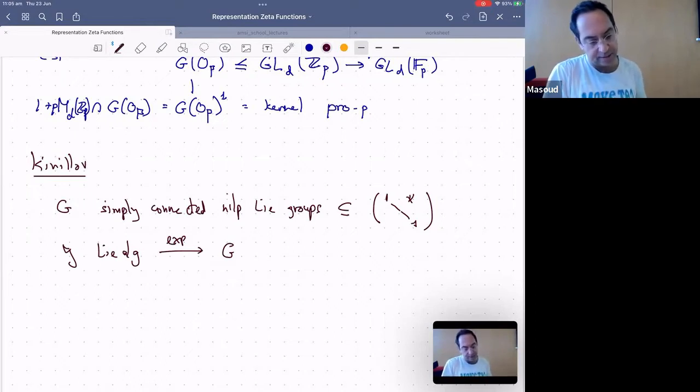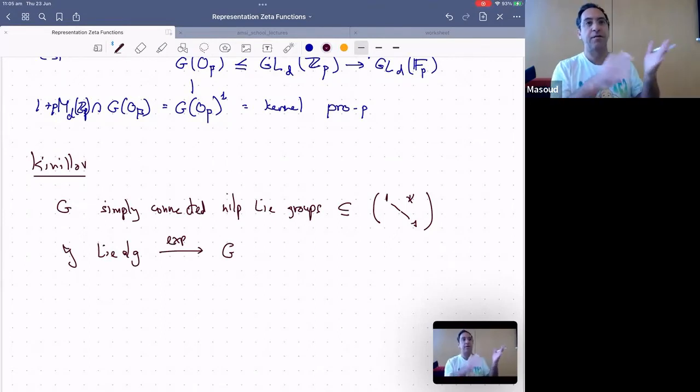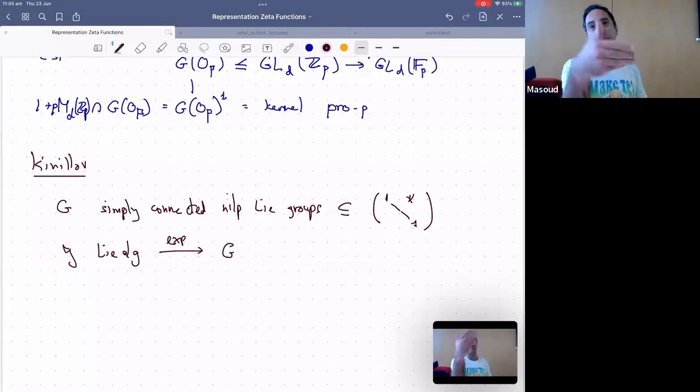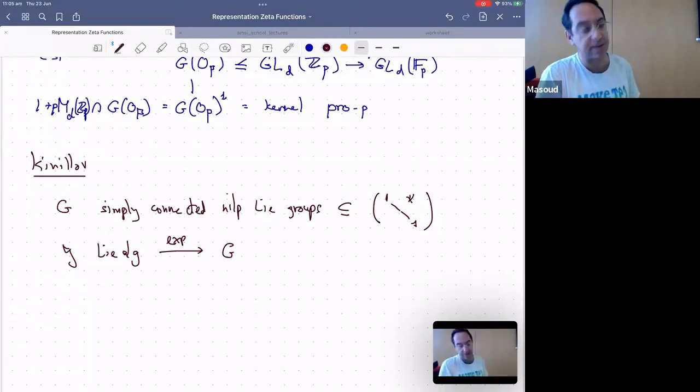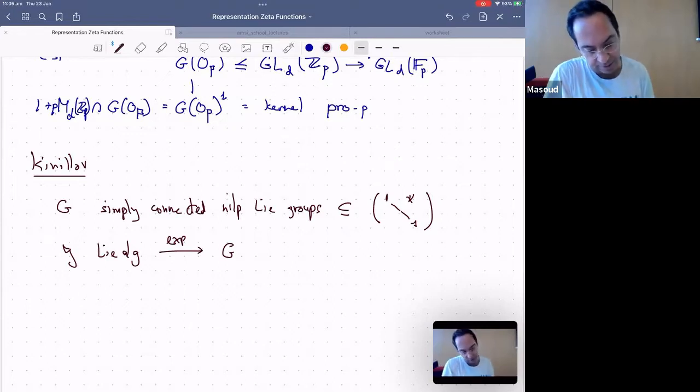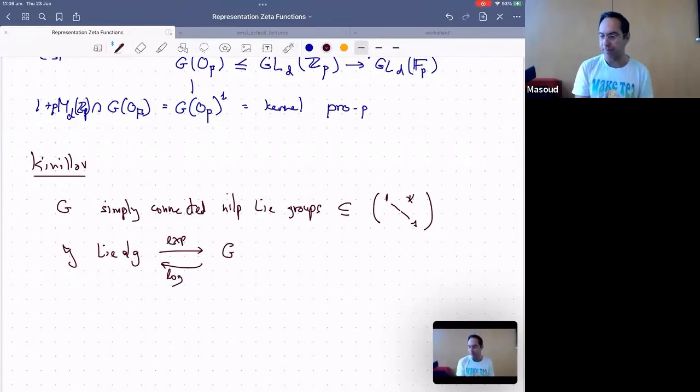And not only that, it's a polynomial map because your matrices are nilpotent. And so when you take powers, when you reach n, the dimension, you get 0. So the exponential map becomes a polynomial map, and it's a bijection, and you have the inverse, which is the log map.